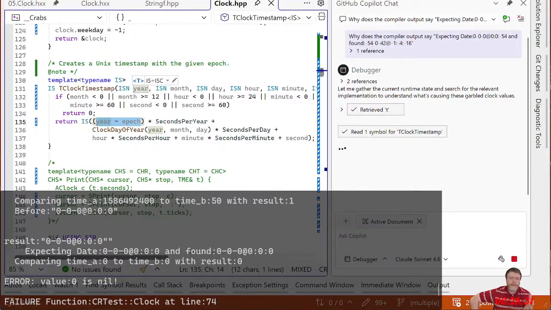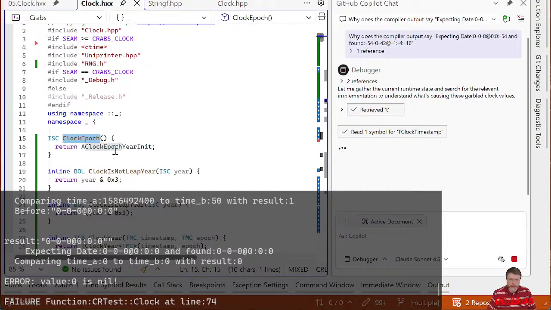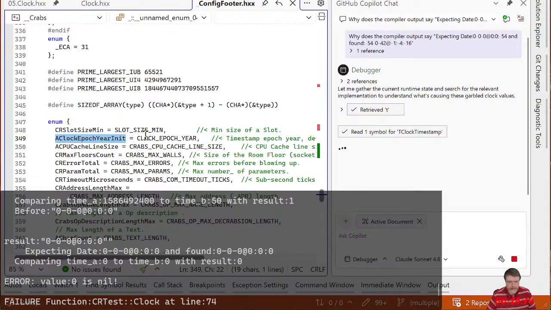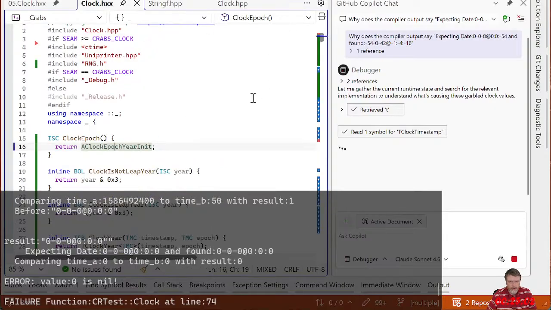But okay, I'm trying to subtract for... I'm being an idiot. So we got the clock epoch, and then for a normal epoch, we're just going to use this clock epoch year, and then that's the Unix timestamp. All right.